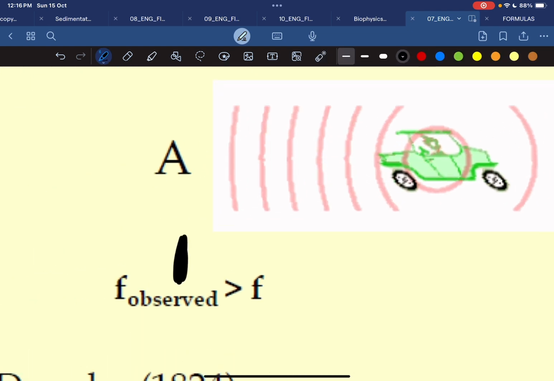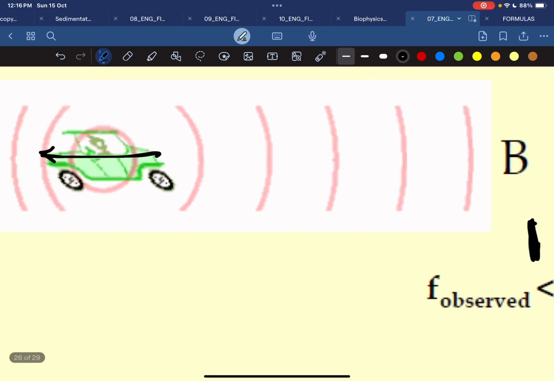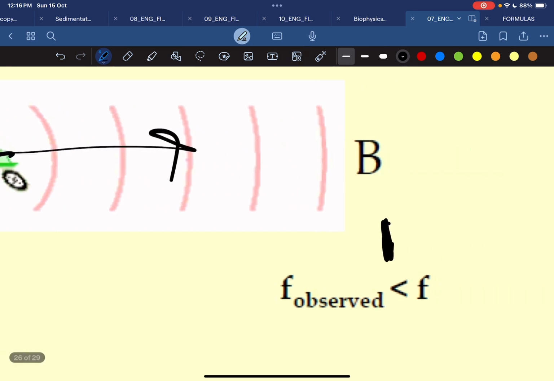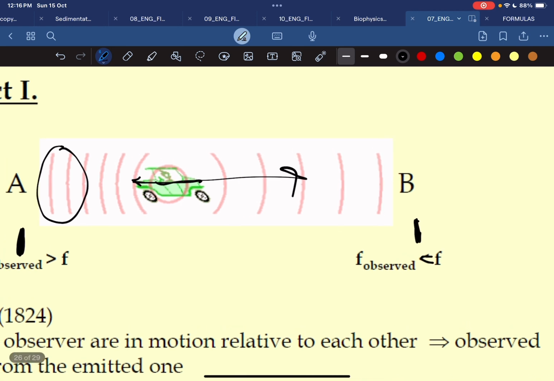Looking at this guy's perspective, the car is coming towards him. So the frequency of the sound that he hears is more. Now suppose the car is moving this side. So the frequency of the sound over here will be higher for this guy. Understand? So this is Doppler's effect.